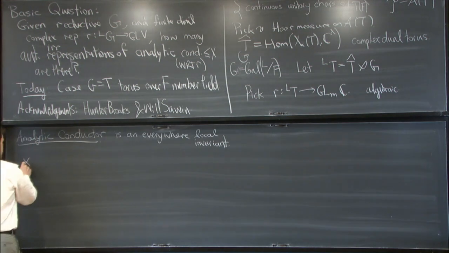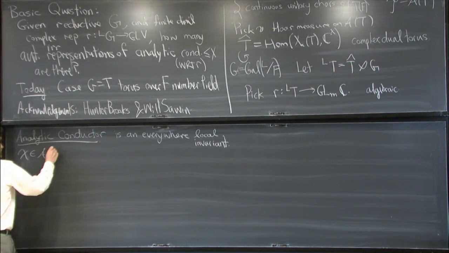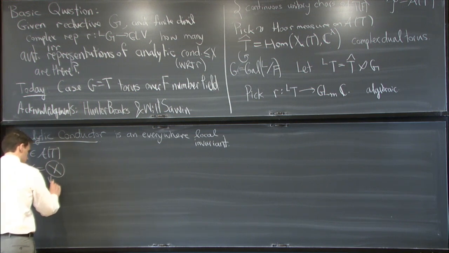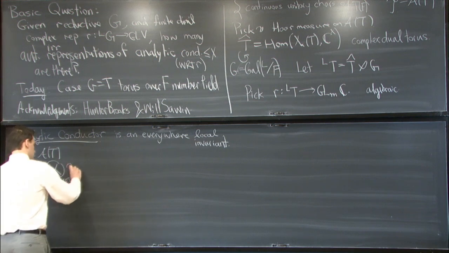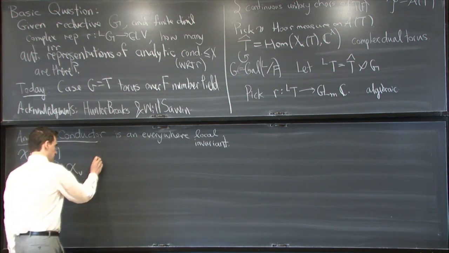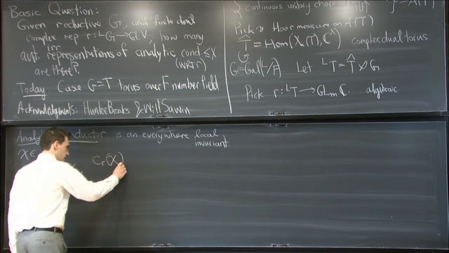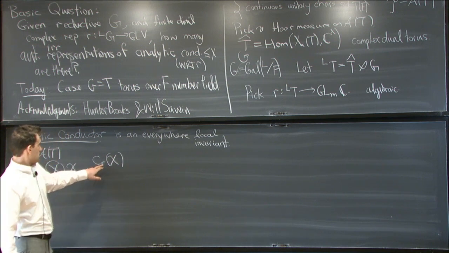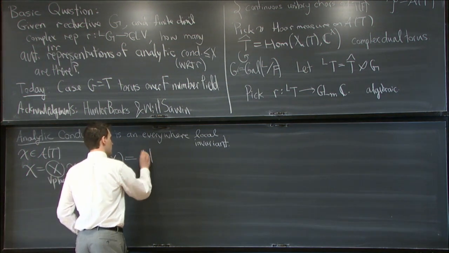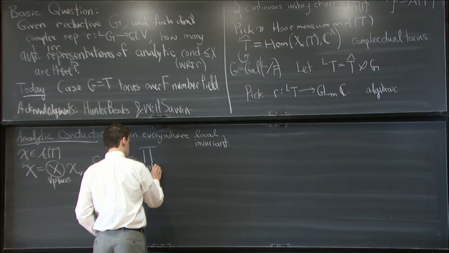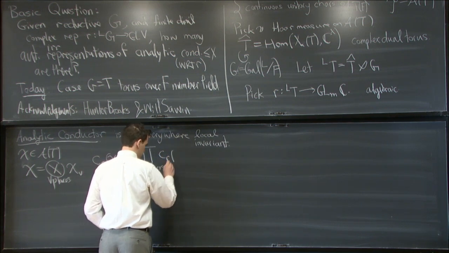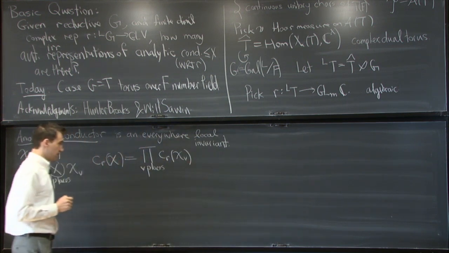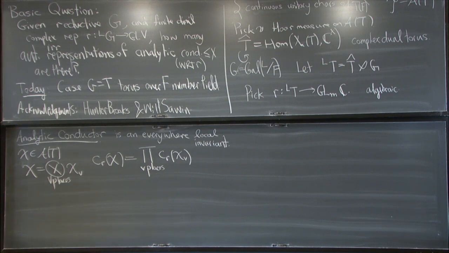So if I take chi, an automorphic character, and I decompose chi over places, chi_v, then I'm going to write the analytic conductor with respect to some representation of the L group R. This will be a product, also over places, of some local analytic conductors, which I'll abuse notation and denote by the same C_R of chi_v.